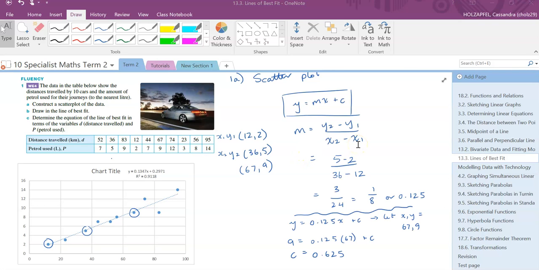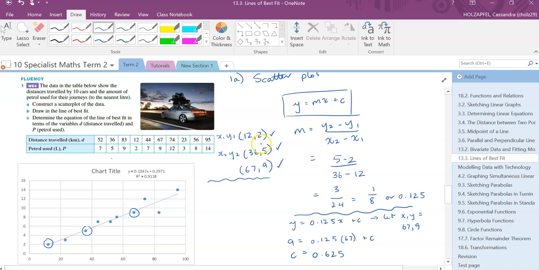All right, so to quickly summarize what I've done, first things first, I determined the gradient. Now I can't see the y-intercept on here, so I went ahead and calculated the y-intercept by substituting in my points. I used these 2 points to determine the gradient, and then I substituted in my third point to find that y-intercept. Now you don't actually need a third point to do that.